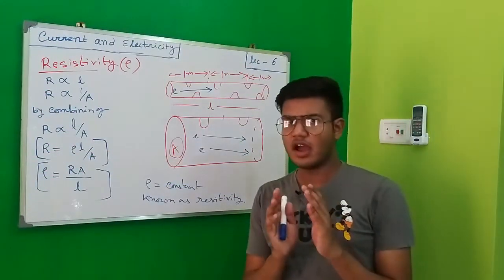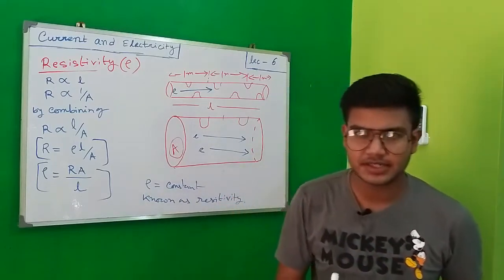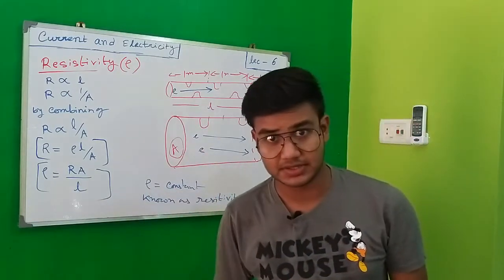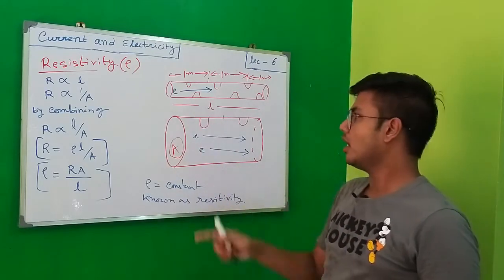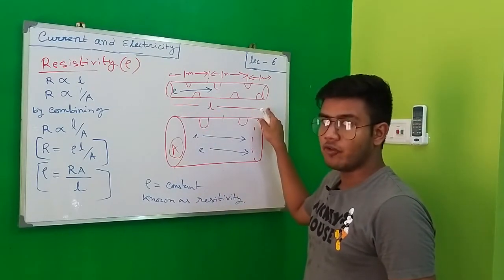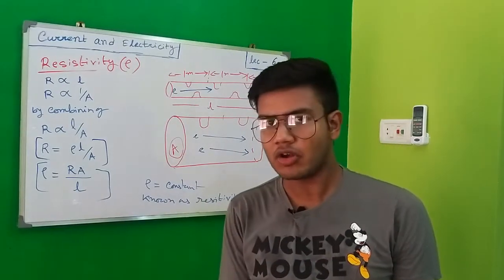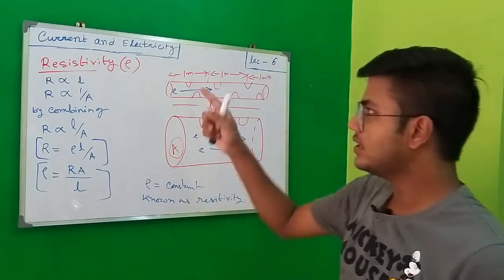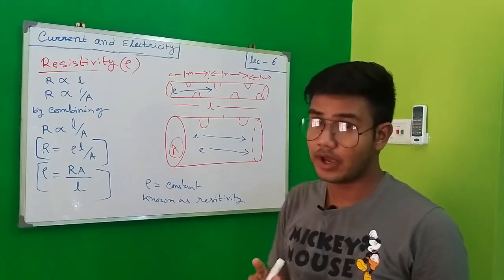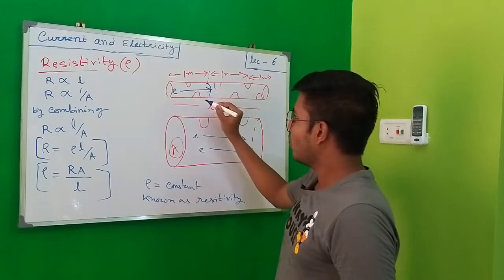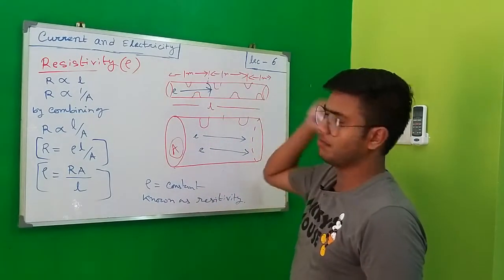Alright, now we will discuss the dependency of resistance on some circumstances. First one, whenever I have a conductive wire of length L, if you increase the length of that wire, the resistance will also increase. Why? Suppose I have 1 meter of wire and say there are 2 impurities.